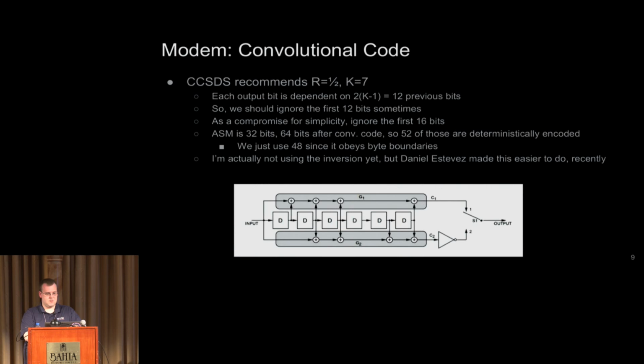Let's see. So starting to look at some of the internals of this modem. Like I said, I'm using convolutional encoding. CCSDS recommends a rate 1/2 constraint length 7 convolutional encoder.